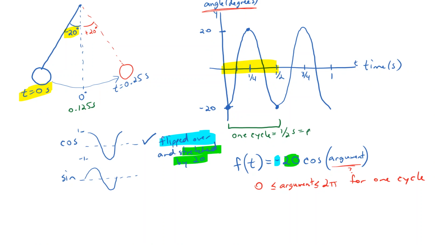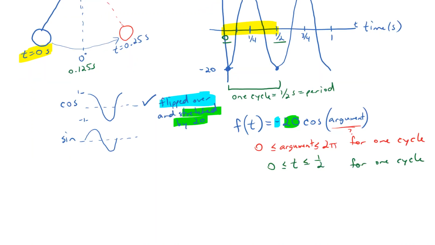That's also called the period. Okay, so what does that mean? If we look at our t-axis here, one cycle for t ranges from 0, right, over here at 0 to 1/2.